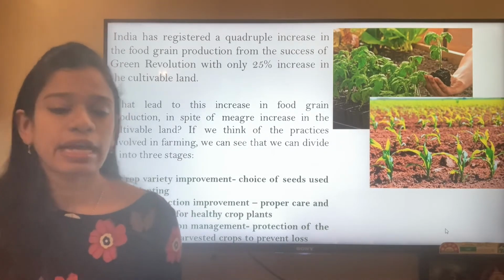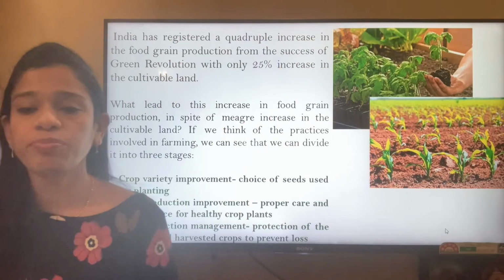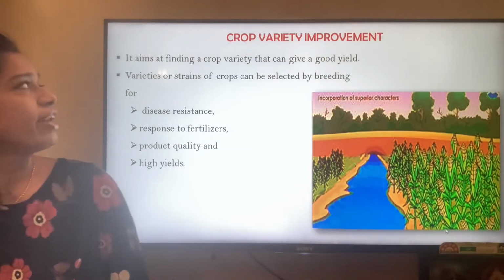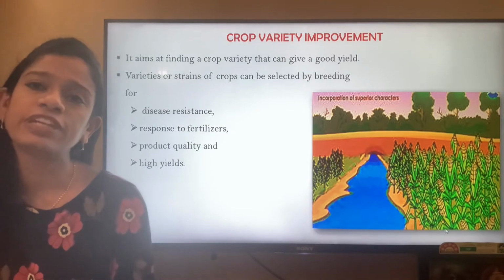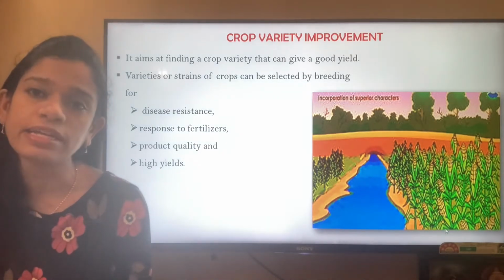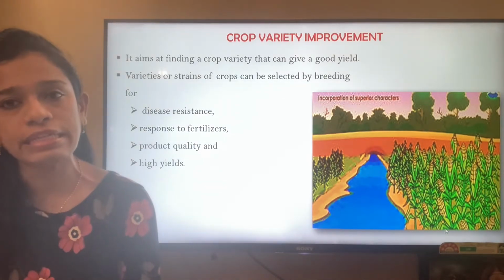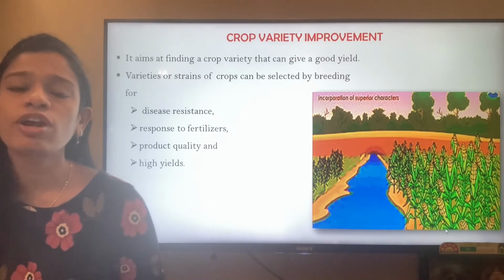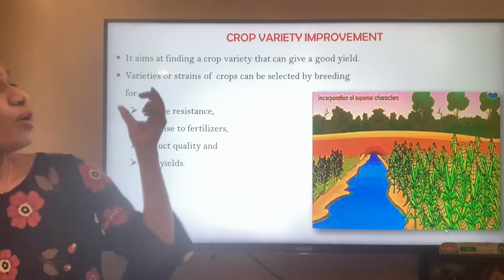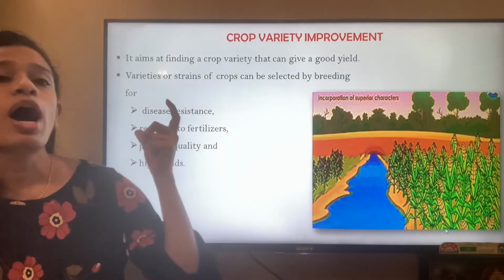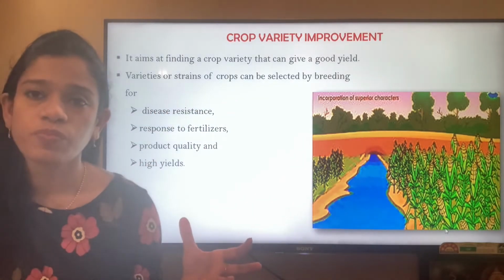So let's understand the crop variety improvement. It helps us to find out a variety that gives us increasing yield. Now, when we are talking of an increasing yield for a particular variety, how is it found out?